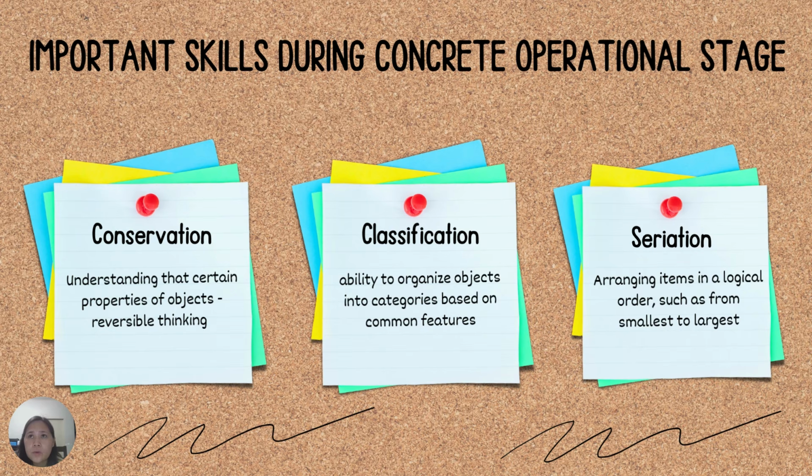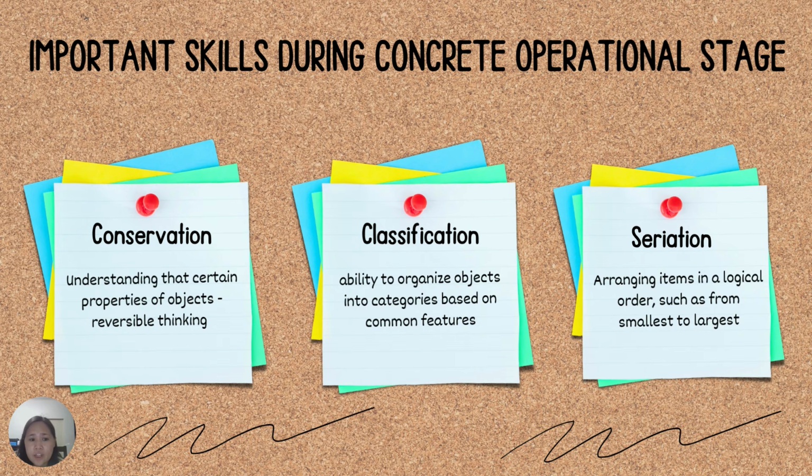But when you ask your students to arrange something based on color, based on size, or animal type, that's classification. So when we say classification, it's more on common features, organizing objects or things based on their common features.